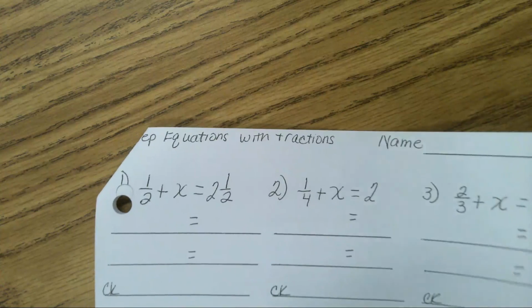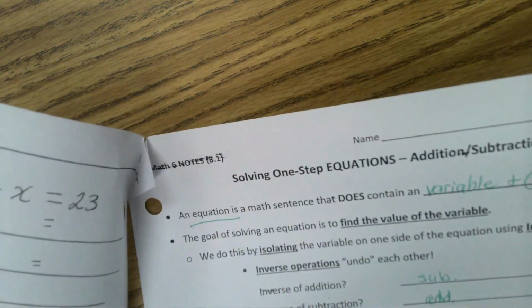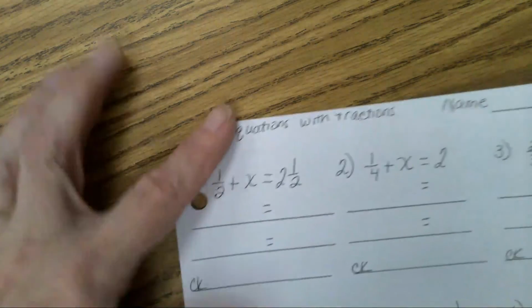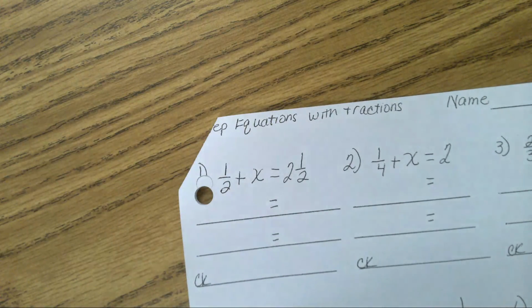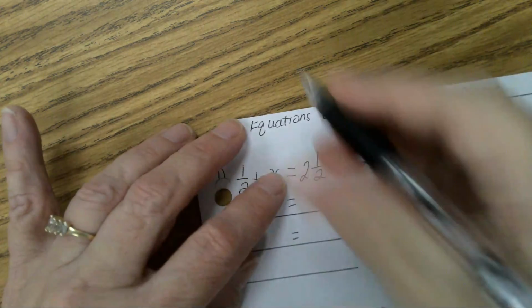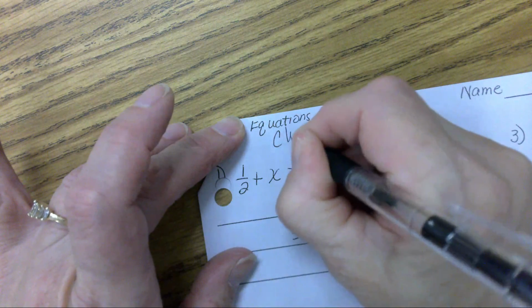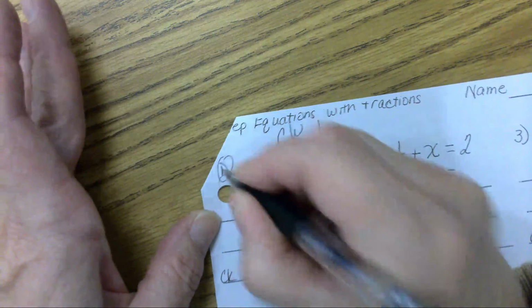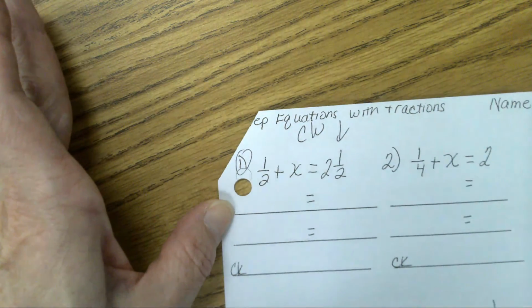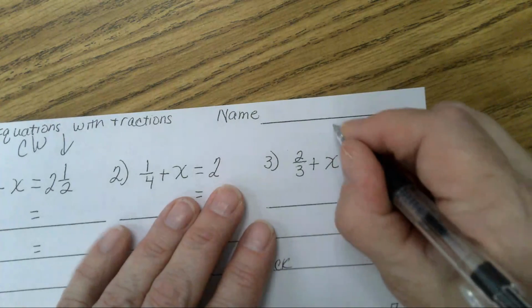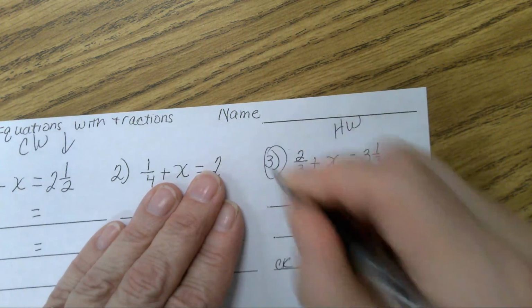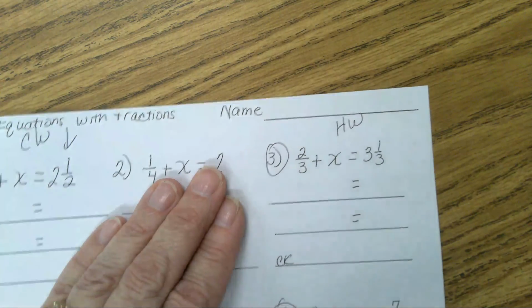Then on the back page, the same thing. This is going to be classwork, will be 1, 4, 7, and your homework will be 3, 6, 9. You got it?